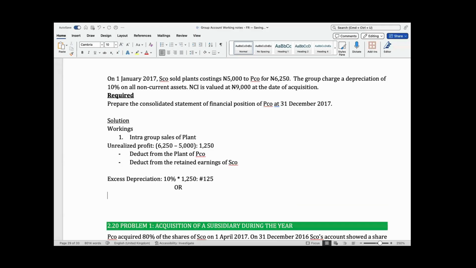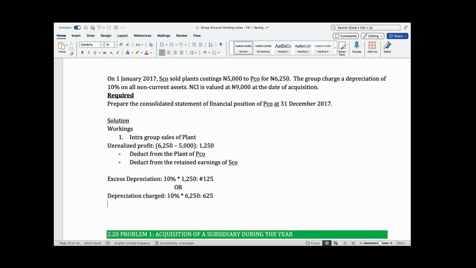The depreciation that he charged is 10% times 6,250, which is 625. But the correct depreciation to be charged is actually 10% on the cost, which is 500.